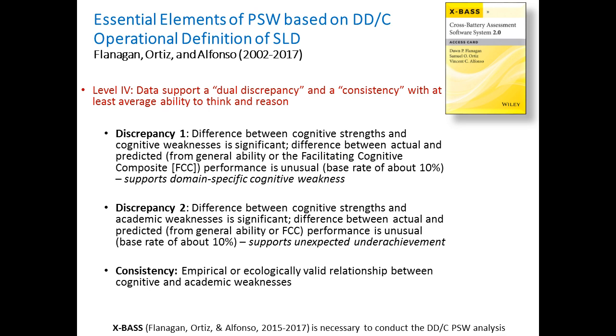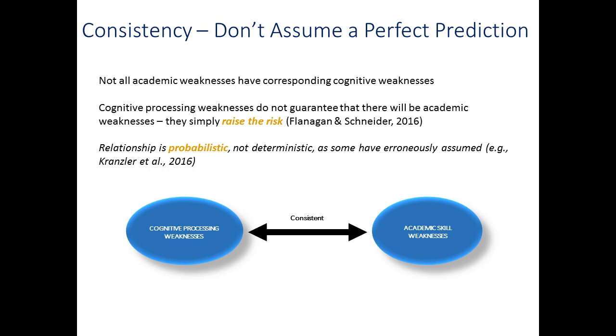XBAS builds that in. The program knows what you selected as a cognitive weakness, it knows what you selected as an academic weakness, and it uses the research to inform that consistency. In other words, it will tell you if that relationship is low, moderate, or high. So it aids in the consistency piece.